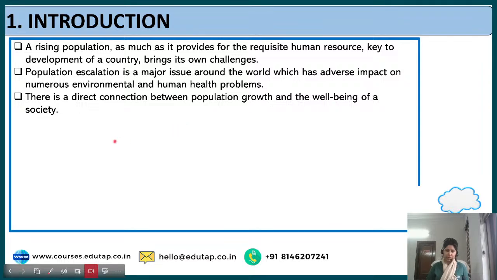Resources that are present on the earth are limited, and if we overproduce or over reproduce, then those resources become scarce for everybody. The quality of natural resources deteriorates. The same level of infrastructure which would have served, let's say, 100 people, if it has to serve 200 people or even more than that, then quality of life deteriorates.